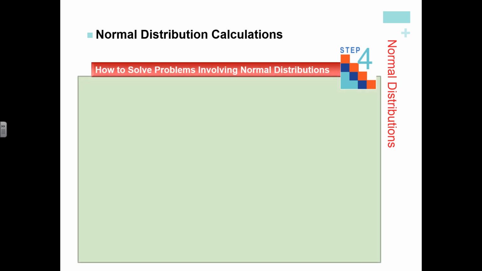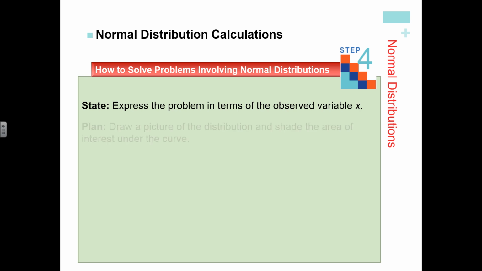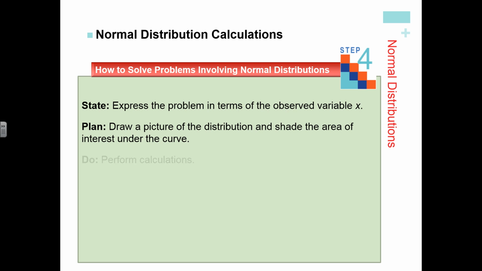All right, so if we're solving problems involving normal distributions, it's really simple. First, you want to express the problem in terms of whatever variable you're trying to look for or assess. Next, you want to draw a picture, because a picture will help you make sense of the problem. You don't necessarily need it once you get really good at it, but it's useful because if you get an answer that doesn't make sense based on your picture, you know you messed something up.